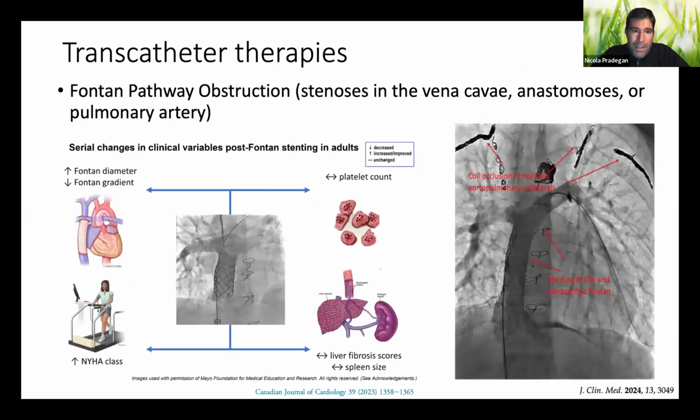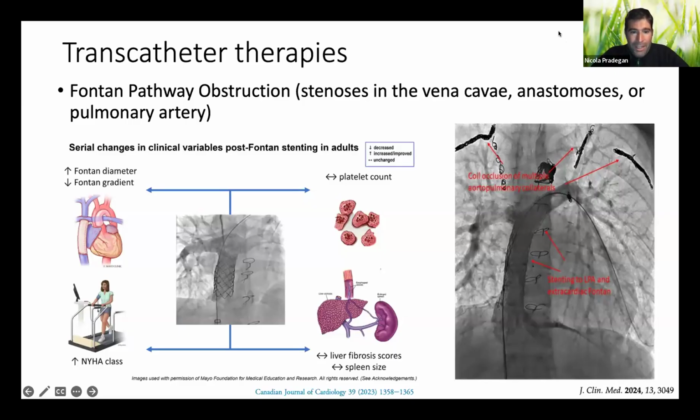But of course, the main part of transcatheter therapies is represented by the management of Fontan pathway obstruction, such as stenosis in the vena cava, anastomosis, or stenosis in the pulmonary artery, which of course represent an important step to improve the clinical symptoms of patients.